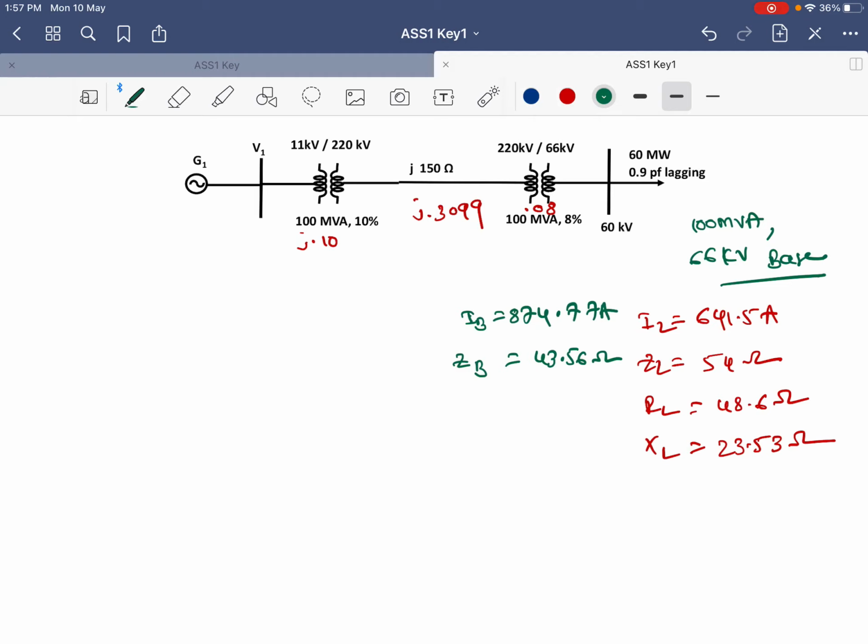First I will take the current quantity, that is I per unit, the load current, because all these calculations are made at this particular point. I per unit is equal to the load current divided by the corresponding base current.